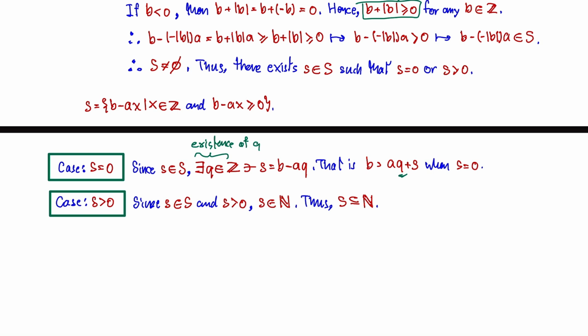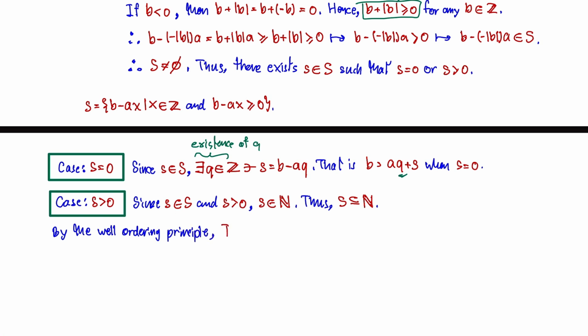Okay? Since S is a subset of the natural numbers and S is not the empty set, what can we use? We can use the well ordering principle. What does it imply?